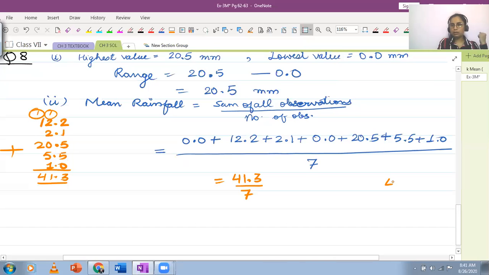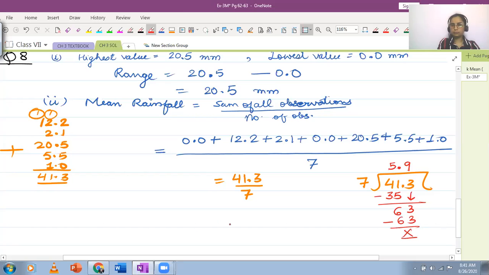So let's divide it by 7 in the working column again. 7 fives are 35. The remainder will be 6, and then this 3 comes down, the point goes up. 5.9. The answer is 5.9.